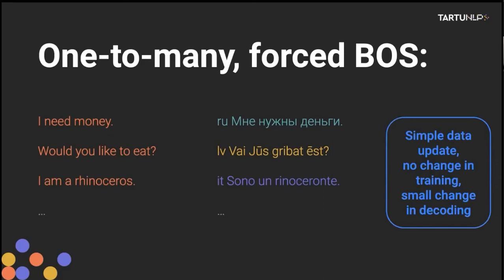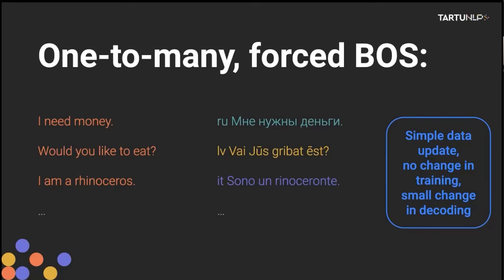It's trained on similar data, except the encoder sees the input language, in this case English, and the decoder sees examples like RU and the Russian output, or LV and the Latvian output, or IT and the Italian output. And when decoding, we treat this token as a beginning of sentence token, and we don't ask the model to produce it. This is the way we pass the information of which language should be on the output. We simply force the decoder to pick the first token to be the output language that we need.